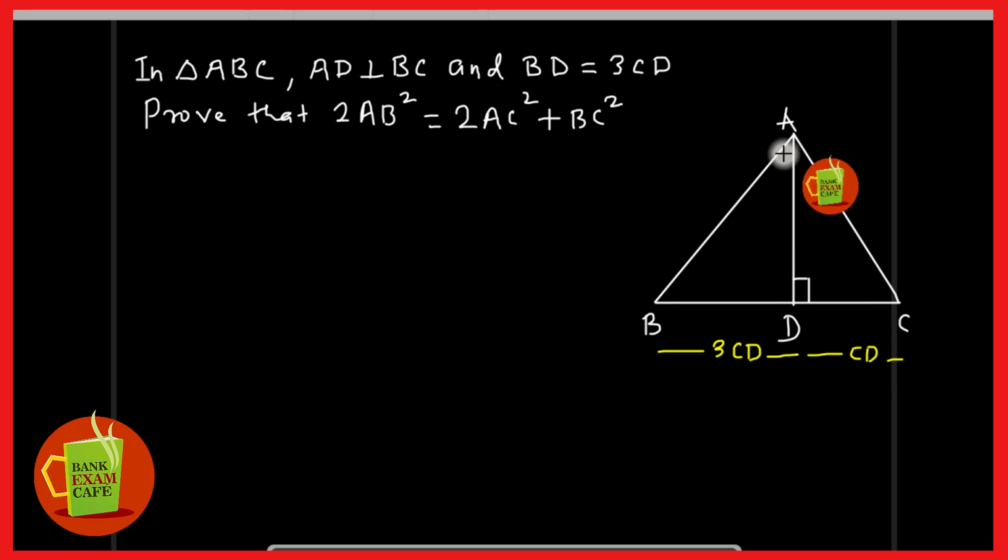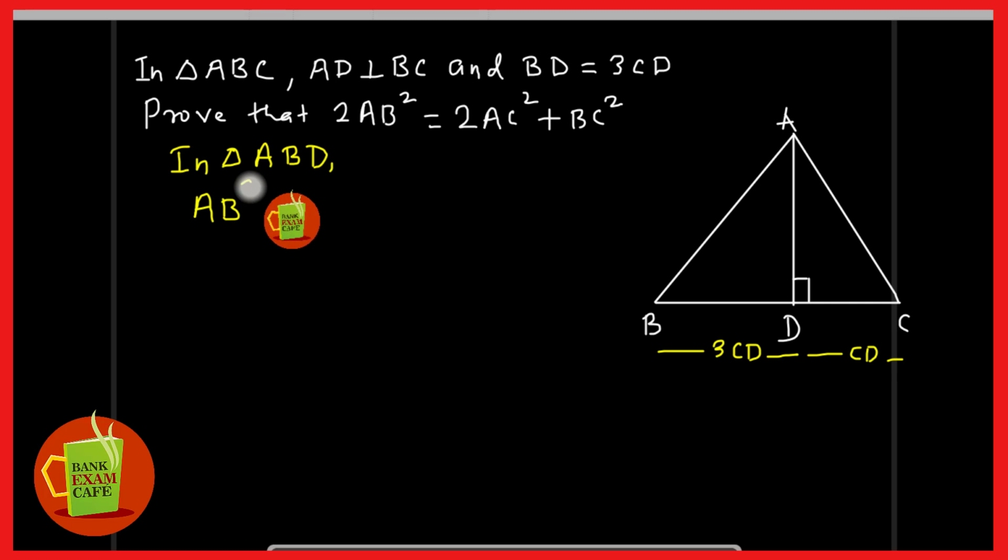So here we require AB square, correct? AB square we will get, this is perpendicular to BC, so this will be a right angle triangle. So in this triangle we will apply Pythagoras theorem. So in triangle ABD we can write that AB square, square of the hypotenuse, is equal to sum of the squares of the other two sides, that is AD square plus BD square.